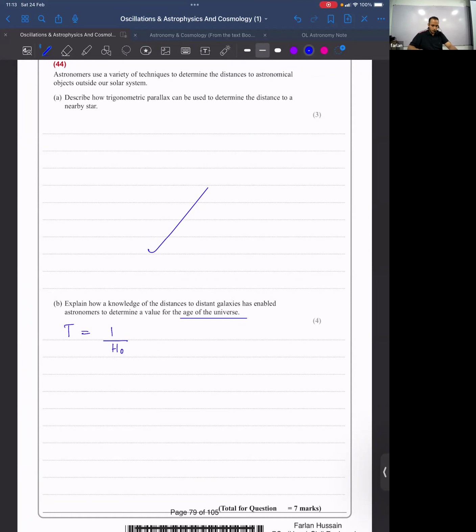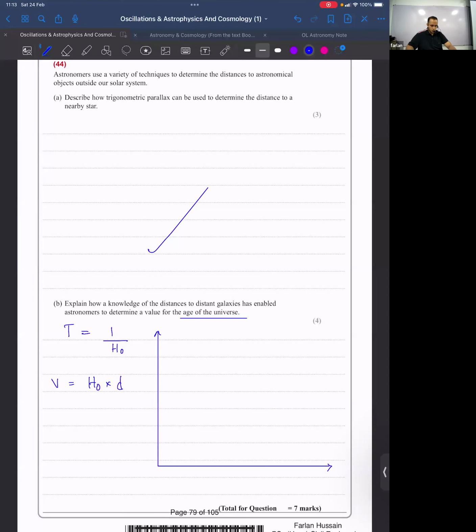Correct. So now we can speak about that. H naught is per second, so T will be in seconds. What is the equation connecting H naught? V equals H naught into D. Yes.